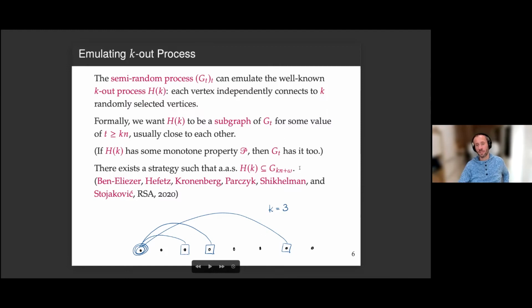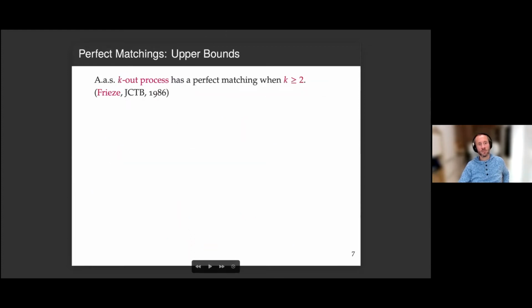But for a relatively slowly growing function of k, you will have the same conclusion. But then the next question is, are there any other interesting results for large values of k in terms of the k-out process? Then I'm also not sure that there are any. So that might be useless anyway, this connection.